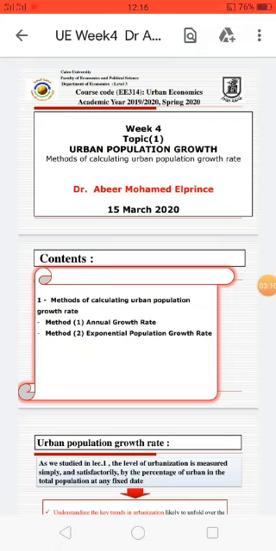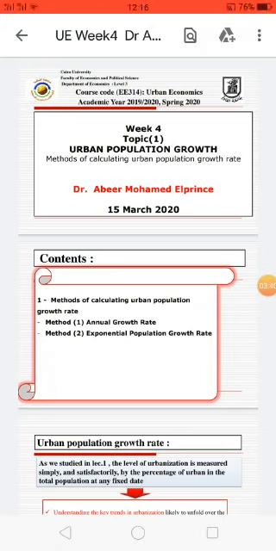By how much will urban population increase? Today we have to calculate this point. If we have urban population in year 1 and in year 2, how can we calculate the growth rate of population? We have two methods to calculate.